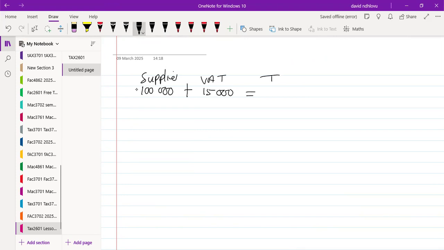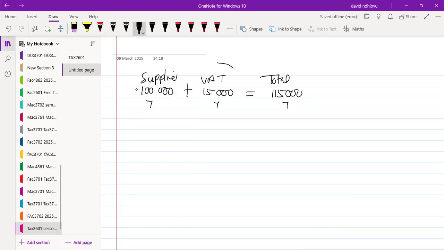So at the end of the day, you now pay a total amount of 115,000, with 100,000 corresponding with what your supplier was charging you, and the 15,000 corresponding with the charge that was included on the transaction price by SARS, so that eventually you will pay your supplier this much.